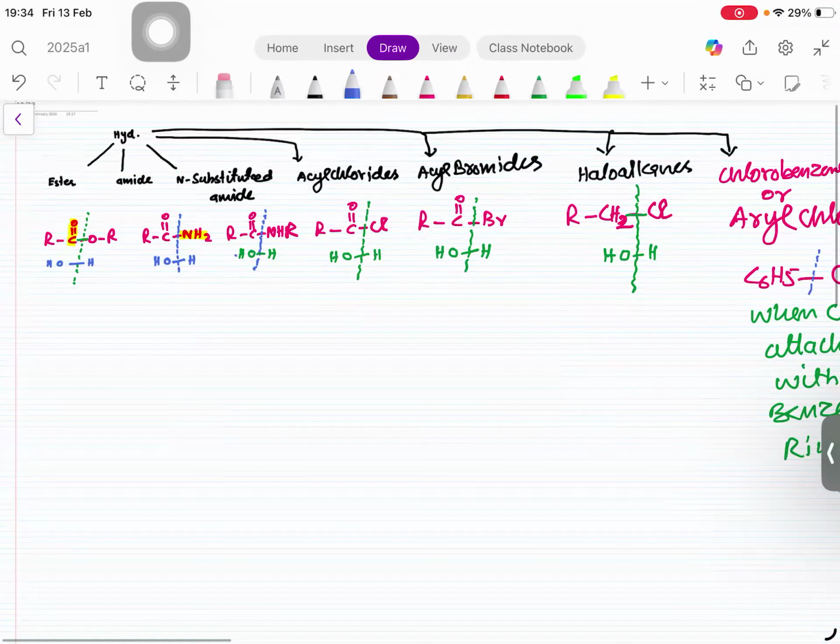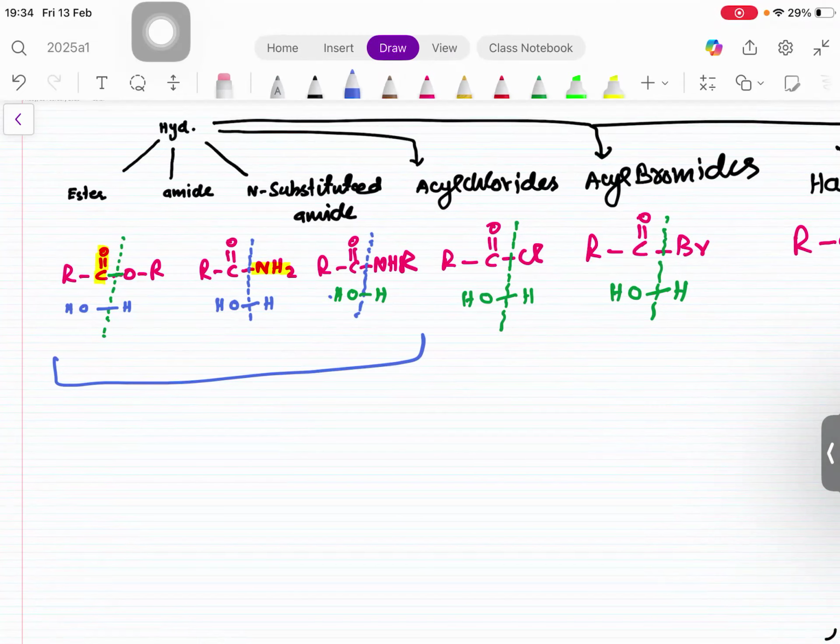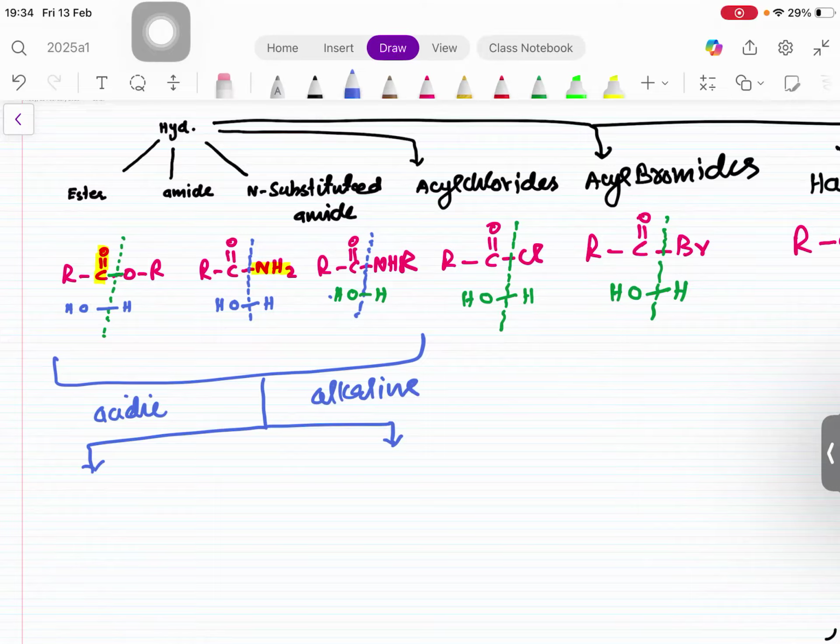Now, if you look at the reagents and conditions for all these, up to this point, these three, the ester, amide, and N-substituted amide, can't react directly with water. So you have to use either acidic hydrolysis or alkaline hydrolysis, for all these.